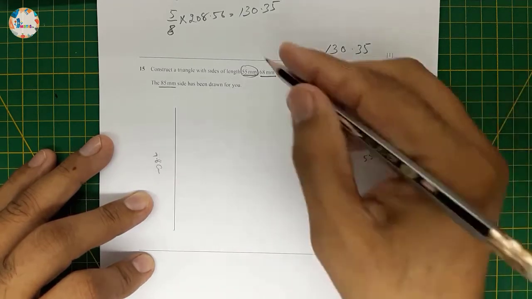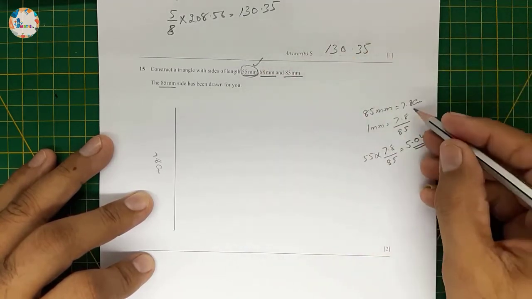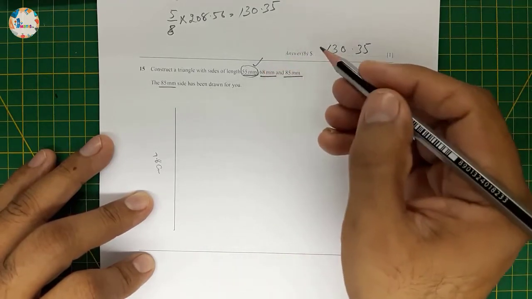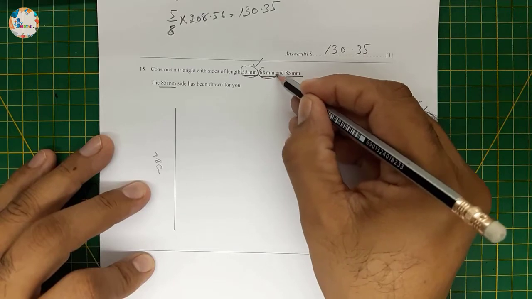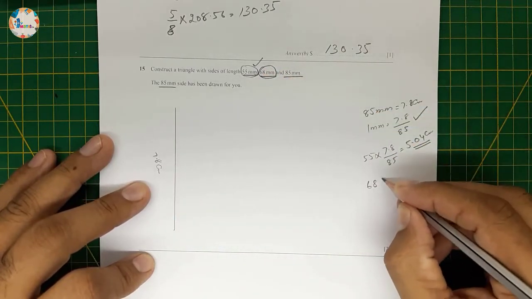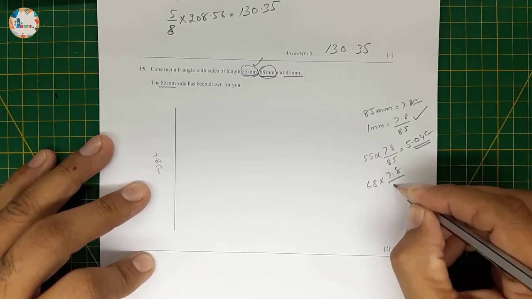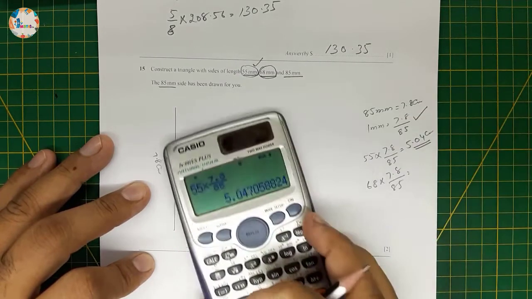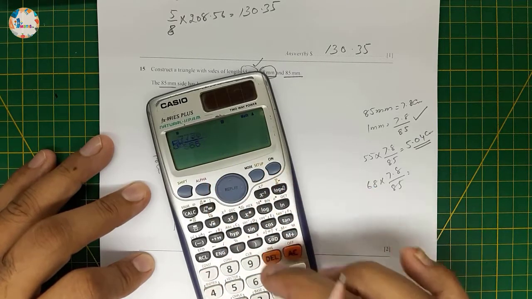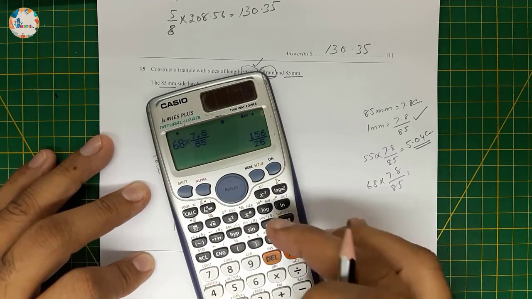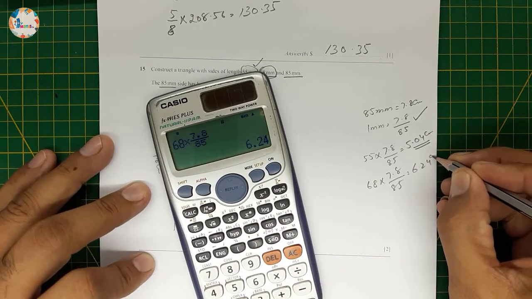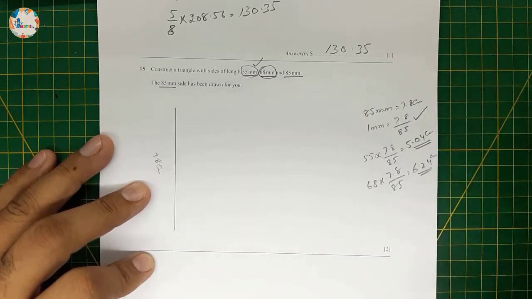We have converted this one by the same scale, so 68 also we will convert, because this is already drawn for us. That will be 68 into 7.8 over 85, and this will be 6.24 centimeters.